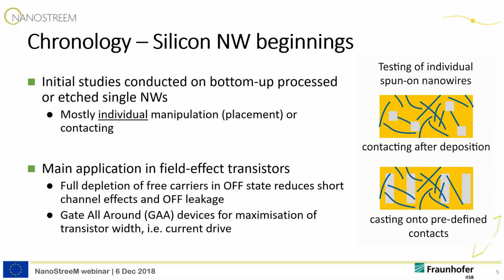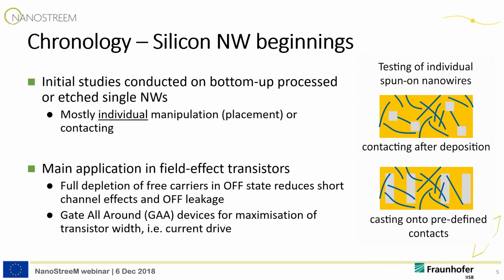So initial studies typically are conducted on bottom-up processed materials like silicon nanowires that have been grown on a specially defined substrate, maybe some metal dots where you use the catalytic effects to grow a nanowire out of it, and those are then collected, can be dispersed, and can be spin coated on the surface.